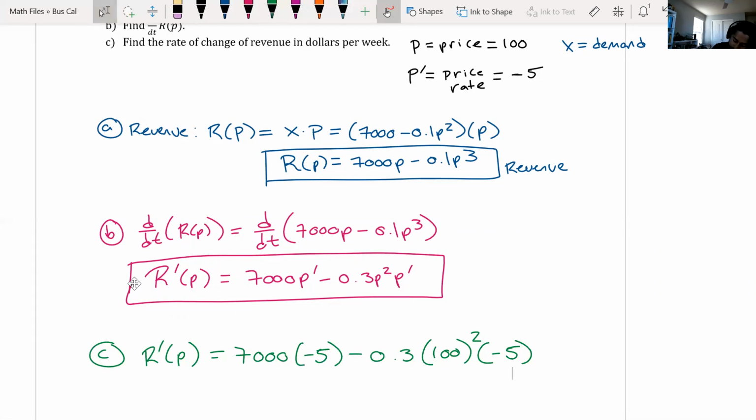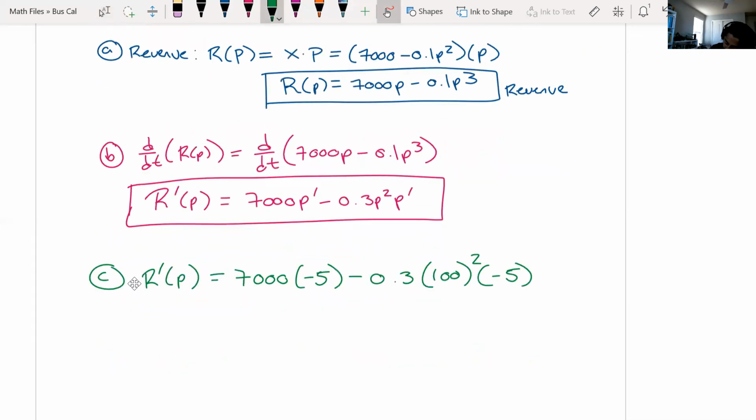There we go. Go ahead and plug all of that in, and we'll get 7,000 times -5 minus 0.3 times 100 squared times -5, and we'll get -$20,000.